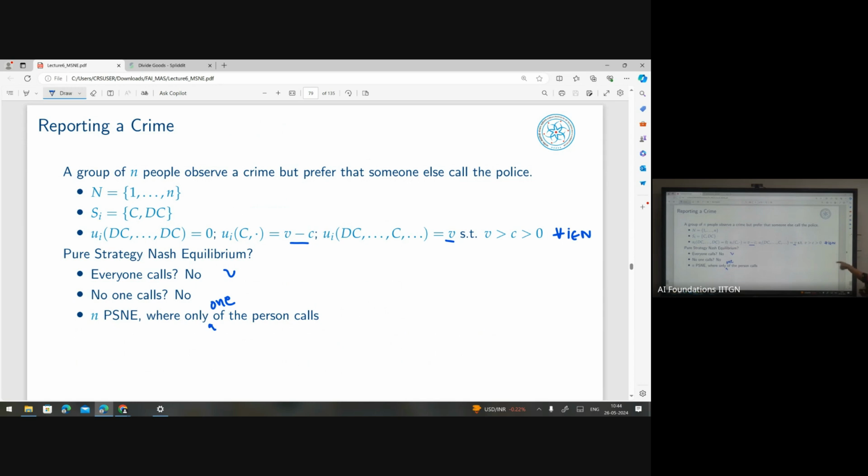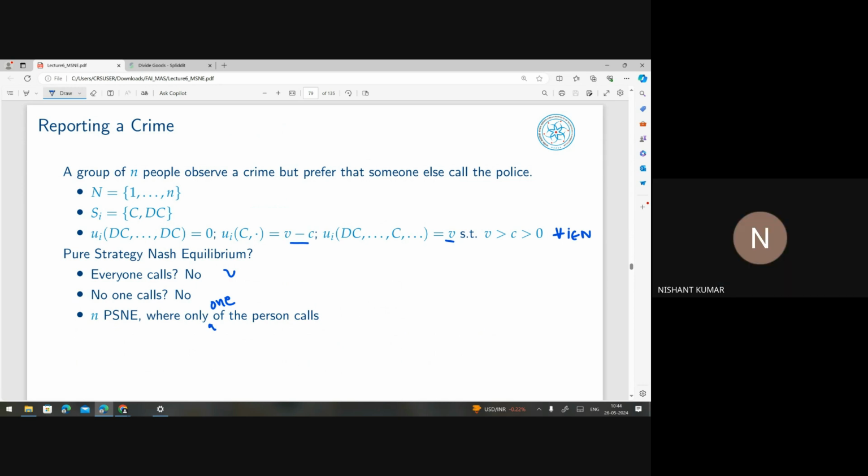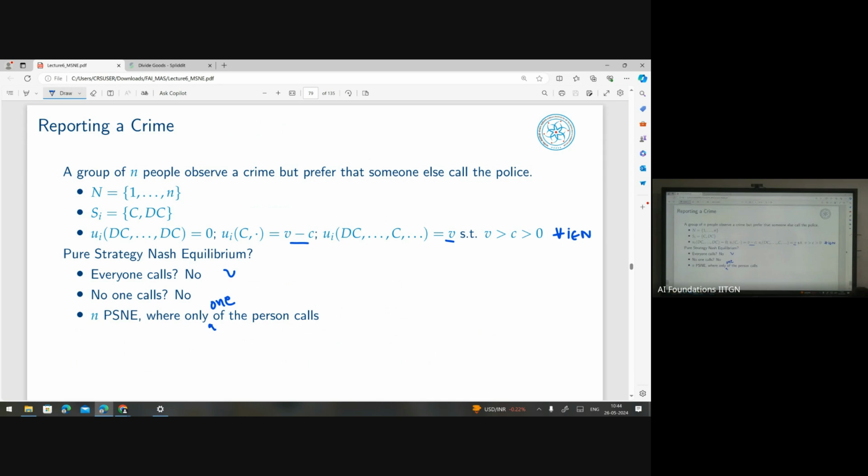Why is that a Nash equilibrium? When only one of the persons calls, if he chooses not to call, what would be his utility? Nobody is calling, so 0. When nobody else is calling and I am the only one calling, if I choose not to call, nobody is calling, so 0.